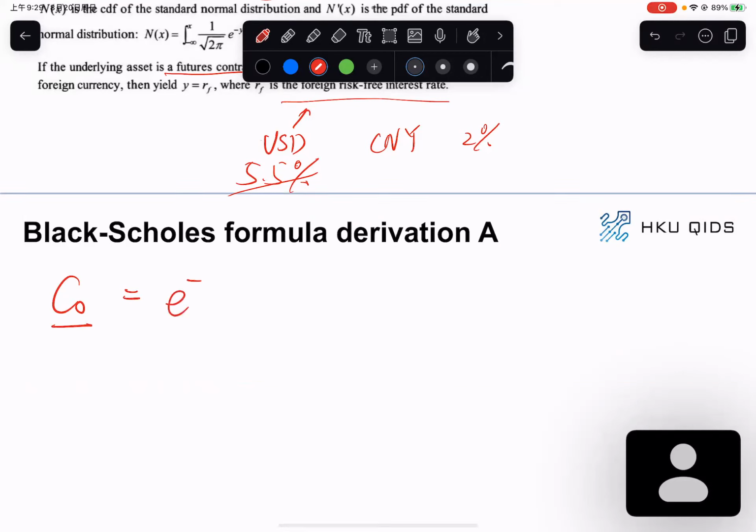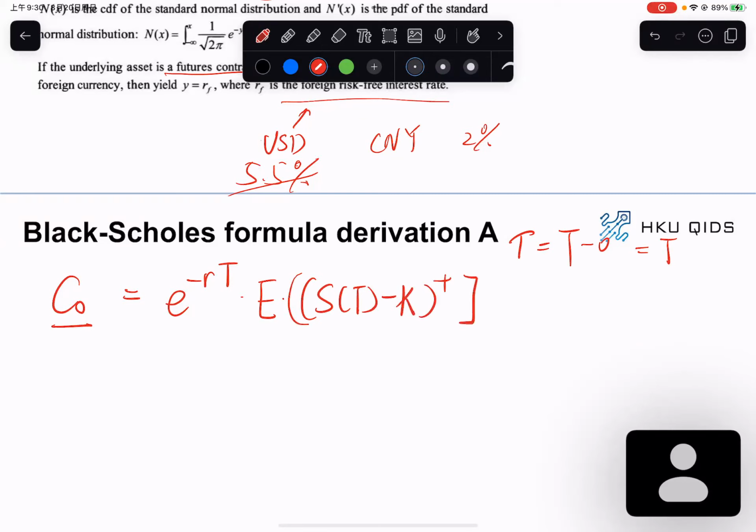Should be e negative rT on the risk neutral setting. If we just set tau equal to T minus 0, which is just T, okay? For simplification. And this is going to be the expected value of ST minus K, positive part, right? It should be non-negative.